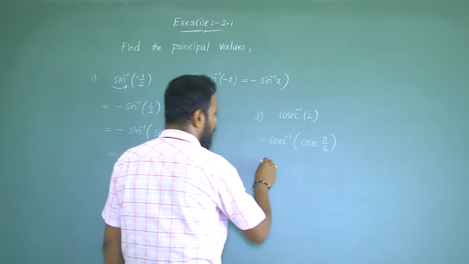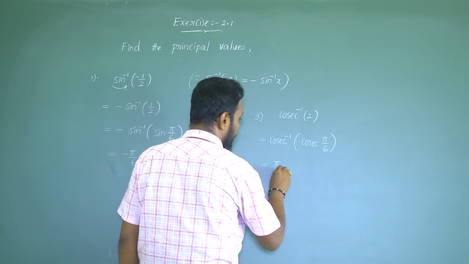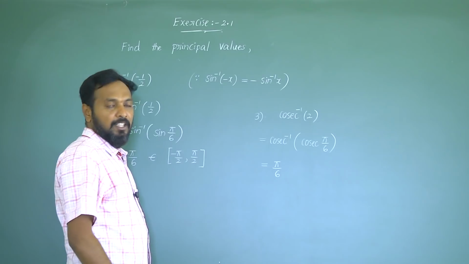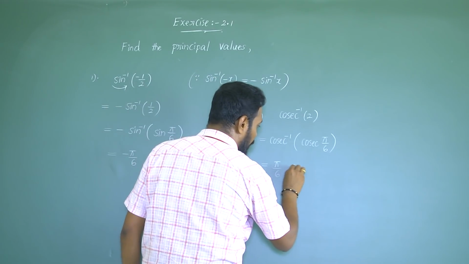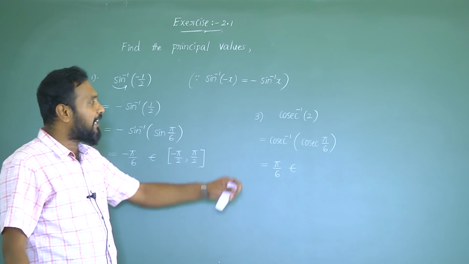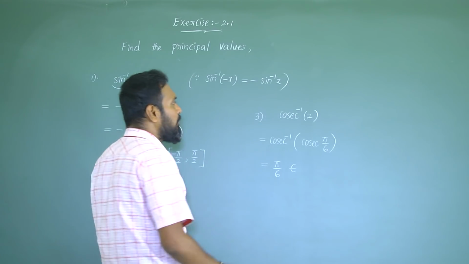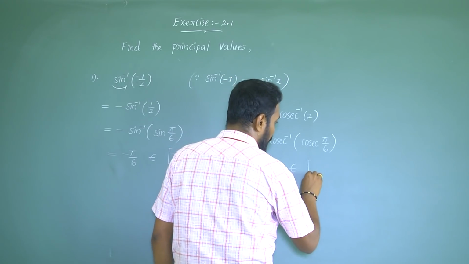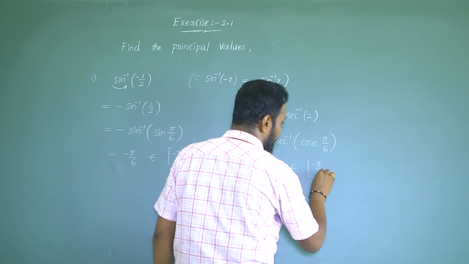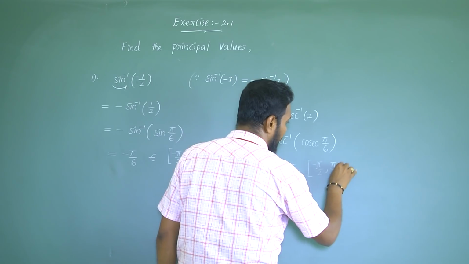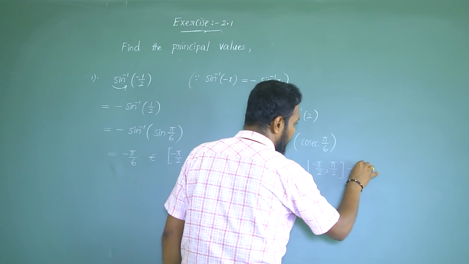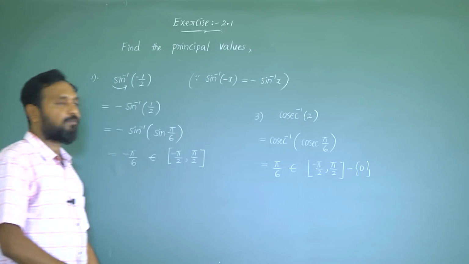Cosecant inverse of cosecant x is x, pi by 6. This should belong to the range of the given inverse trigonometric function. Cosecant inverse x range is the closed interval minus pi by 2 comma plus pi by 2 minus the set 0.